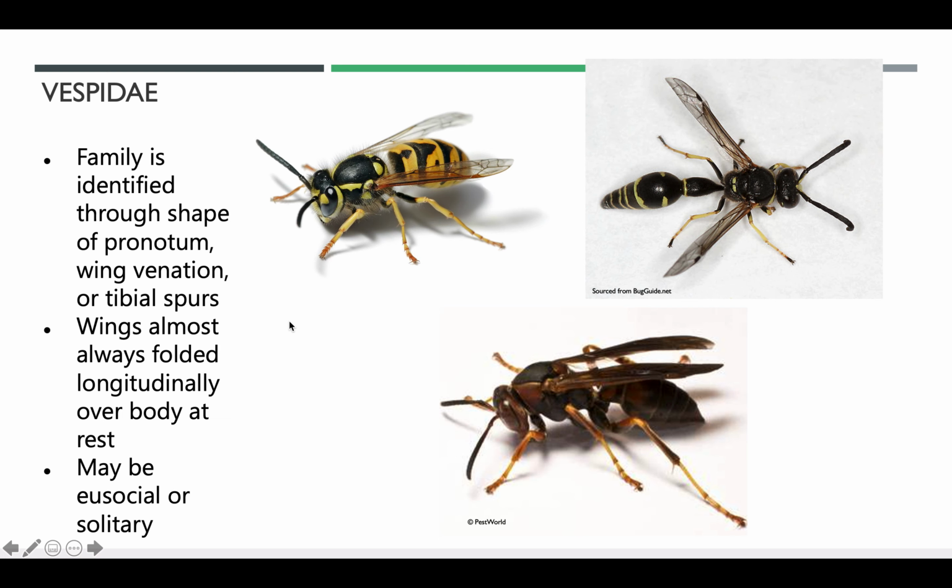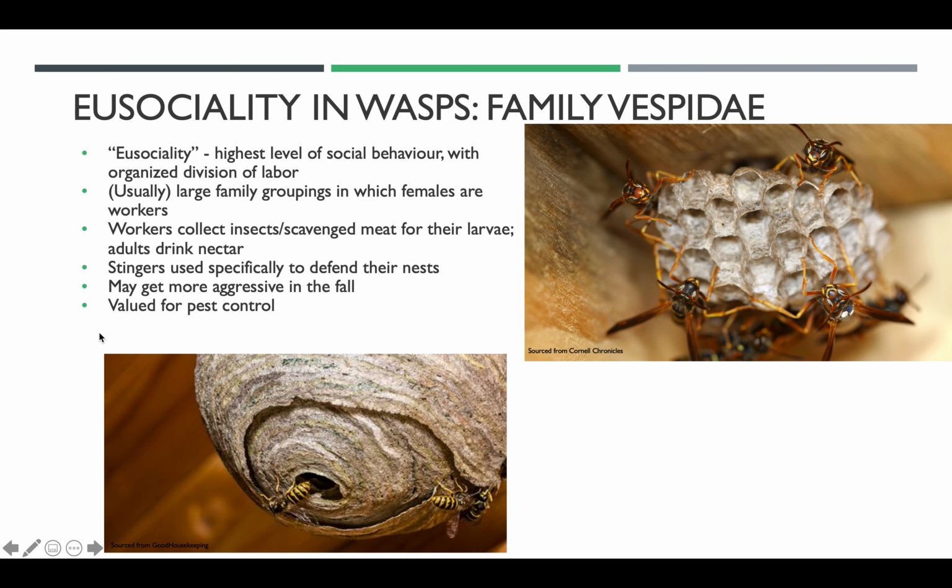Vespid wasps are really interesting because many exhibit what we call eusociality. Eusociality is among the highest levels of social behavior with an organized division of labor. So they're usually large family groupings in which most females are workers, and they're all led by one or multiple queens. There will be varying levels of social hierarchies and eusociality depending on the type of vespid wasp it is.